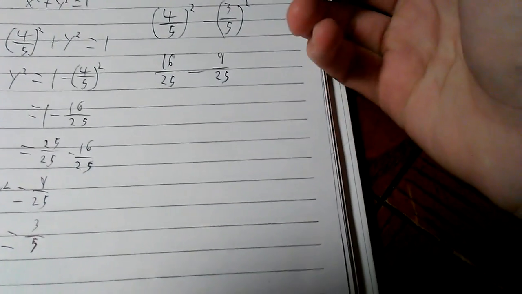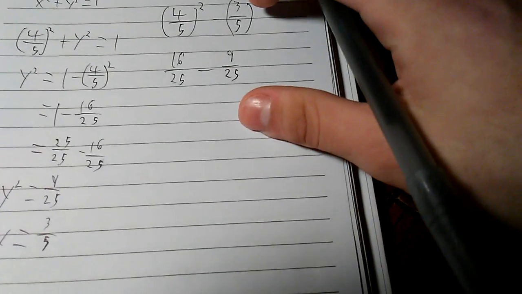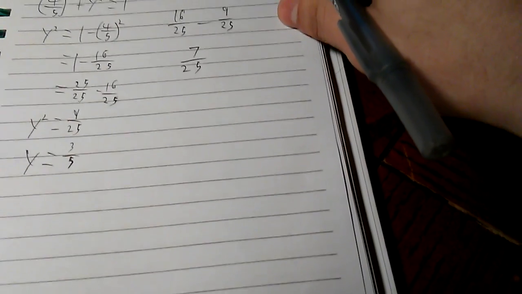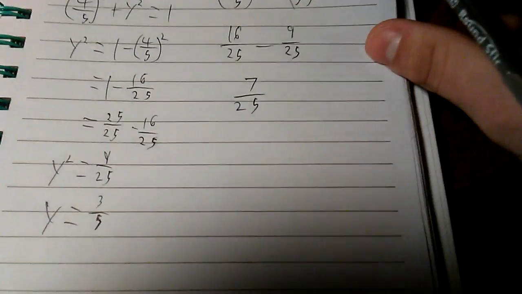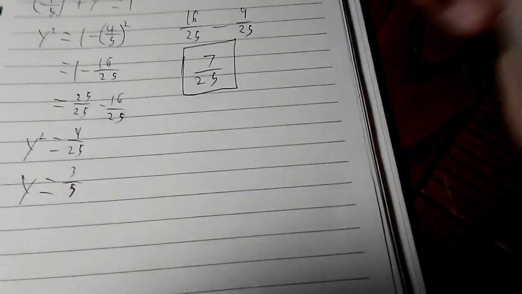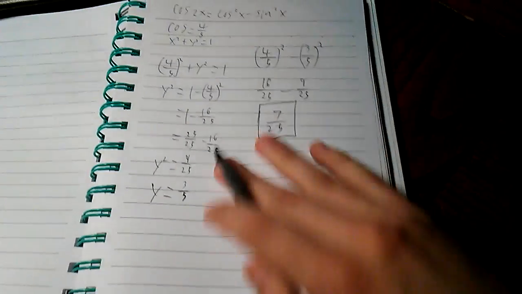Then it's just 16 minus 9, which is 7. So this equals 7 25ths. And that is your answer for this solution. You cannot simplify that any further. I checked.